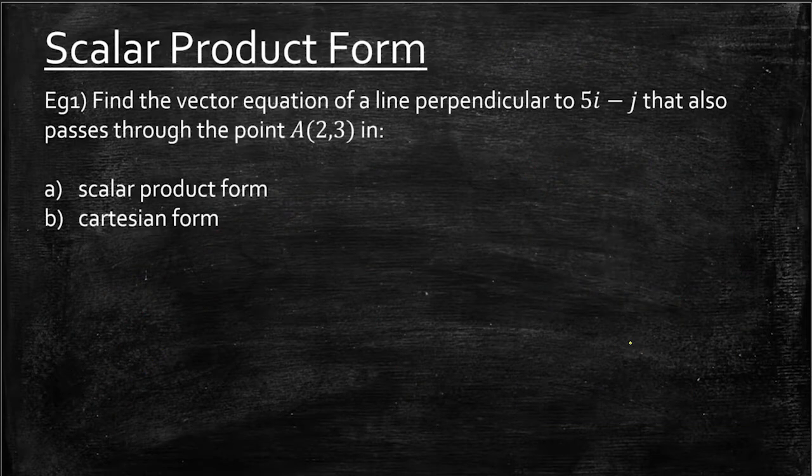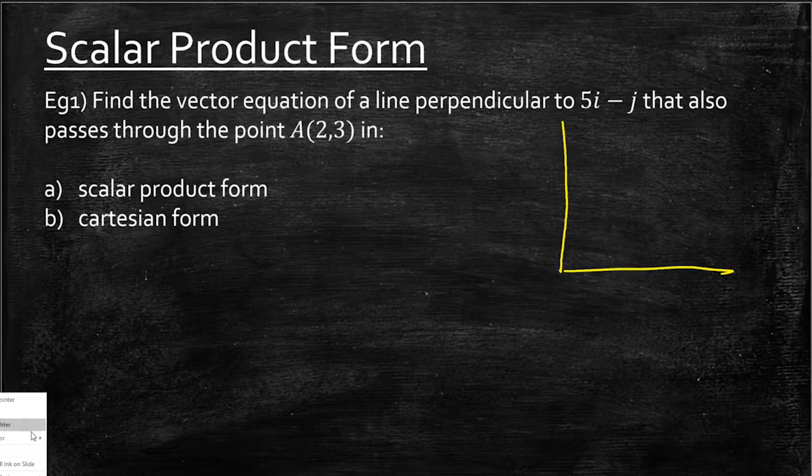It says find the vector equation of the line perpendicular to 5i take j that also passes through the point A 2, 3. And they want us to find it in scalar product form and in Cartesian form. I'm just going to draw a picture with vectors. Always make sure you're just drawing a picture to get an idea of what's happening. What's happening is we want to find the blue line.